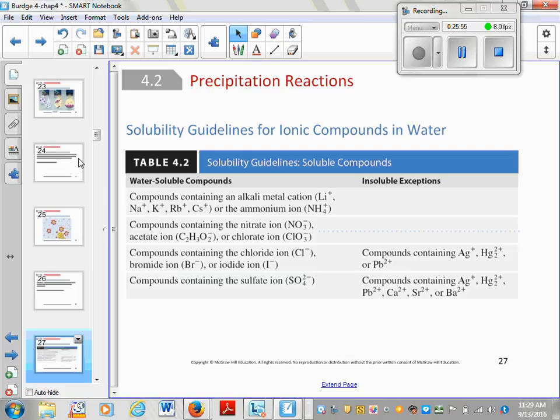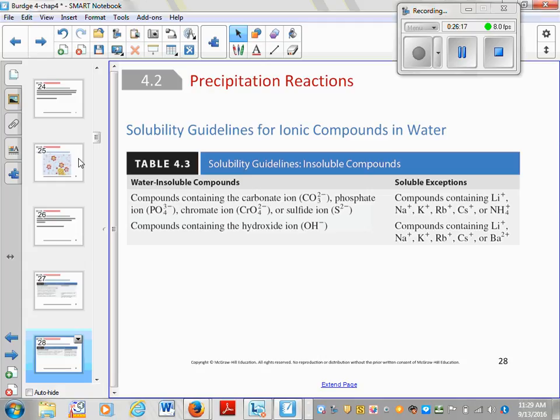Compounds containing the sulfate ion are soluble, except the silver, the mercury, the lead, the calcium, the strontium, or barium. Those are insoluble. Well, there's more.